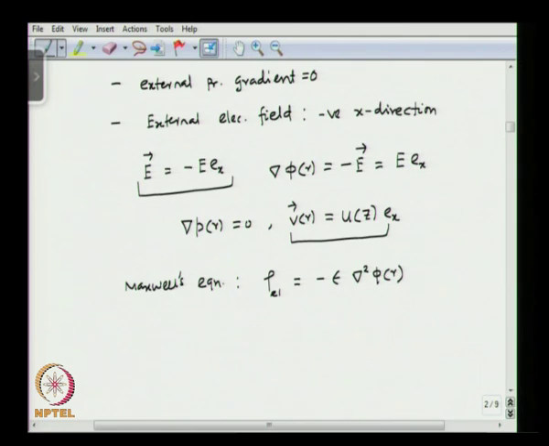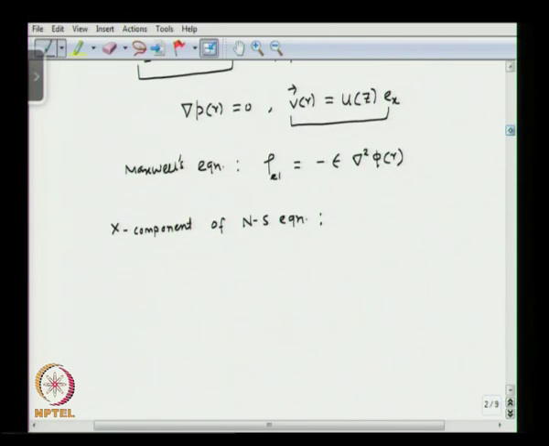So, with that if we write the x component of the Navier-Stokes equation, then I can write rho into del u over del t plus u dot del u equal to minus del p over del x plus eta del square u minus electrical charge density into the potential gradient.